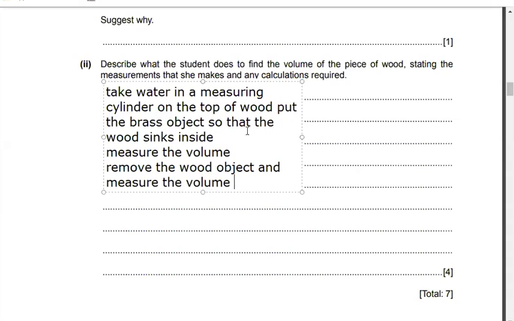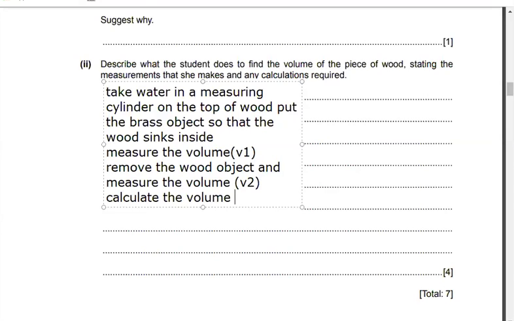Now the previous volume will be your V1 and the next volume will be your V2. Once these two things are done, calculate the volume of wood equal to V1 minus V2.